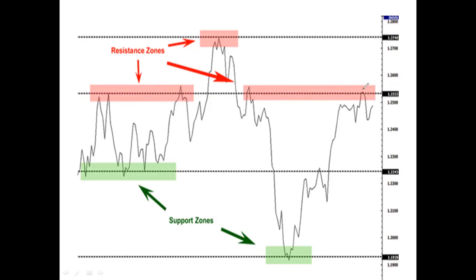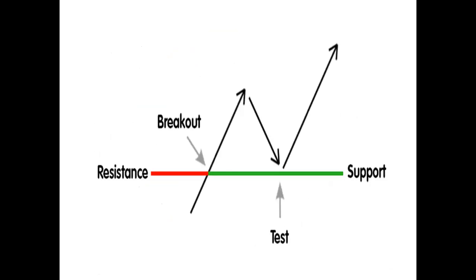And then over here, it came back, touched the resistance line, tried to move up above it, and then came back down. So when you are looking at resistance and support, consider it as a zone and not just a line. Is that okay? Good. And whenever you do that, you will always be on the safe part of the trading.